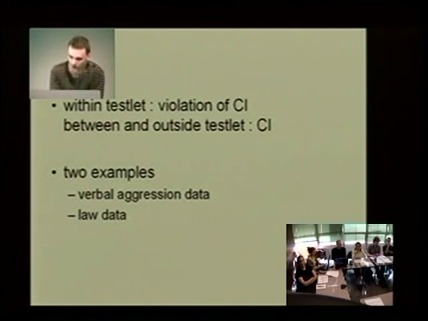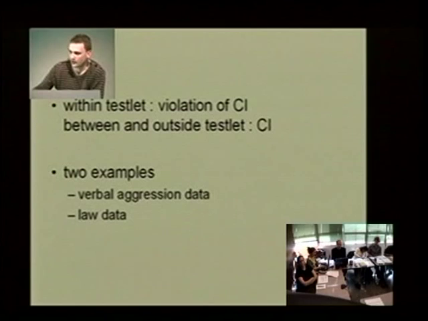And the assumption is that within such a testlet there is a violation of conditional independence, but between testlets conditional independence still holds, and also outside the testlet there is conditional independence.